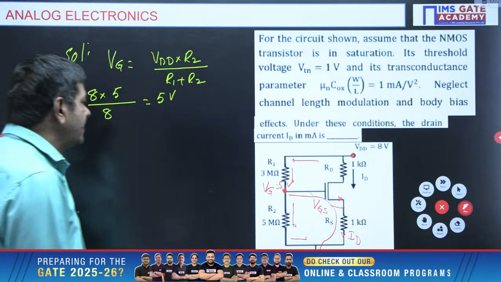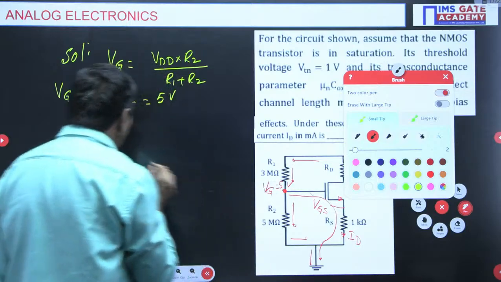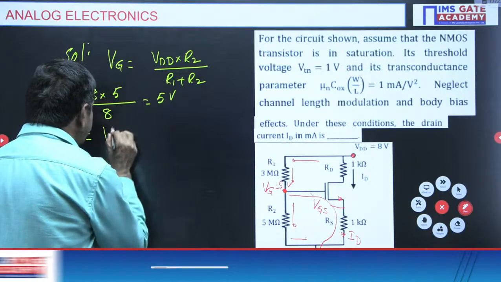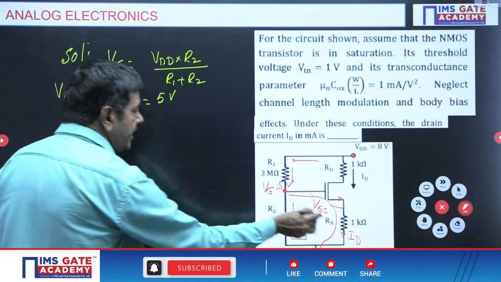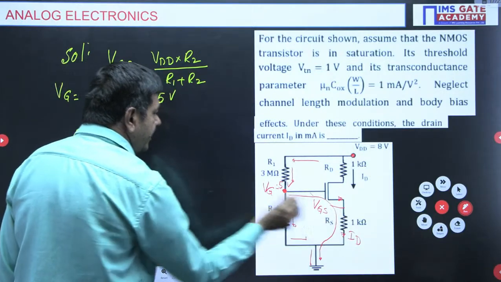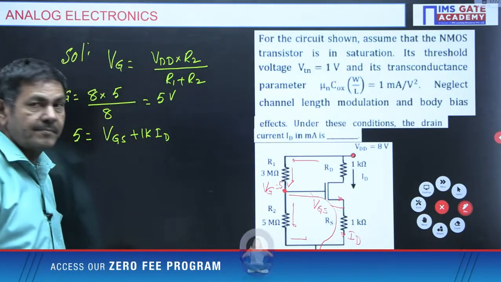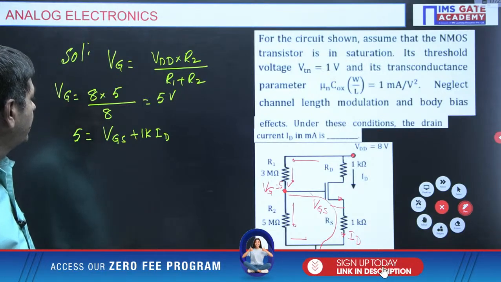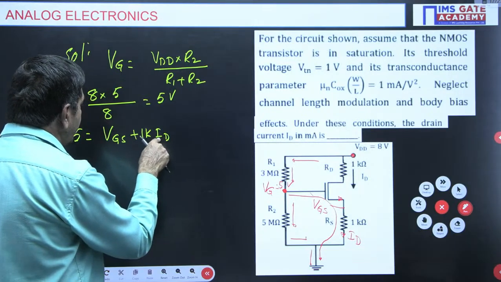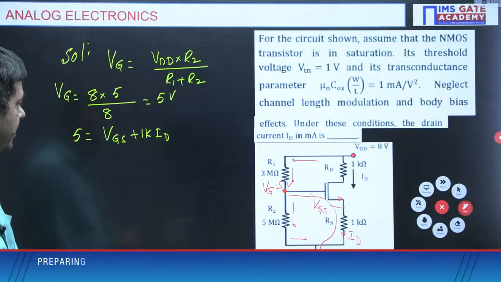If I apply the KVL, VG equal to 5 volts equals VGS plus 1K into ID. But without VGS we can't get ID. First find VGS; once you get VGS, you can find the ID value.